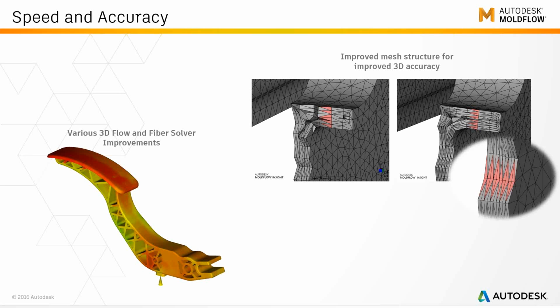There's a fair number of minor, well, not so minor, but subtle changes that we made to the flow solver that are a bit more nuanced to cover over here. I don't want to make people fall asleep with the gory details of flow solver technology.